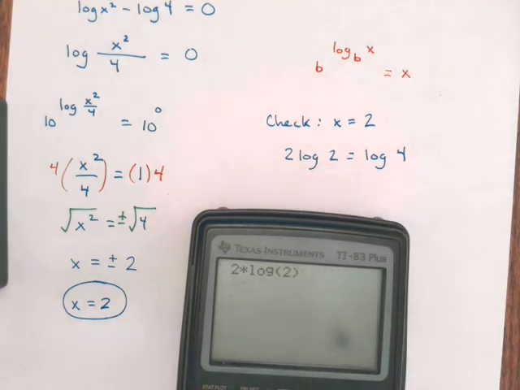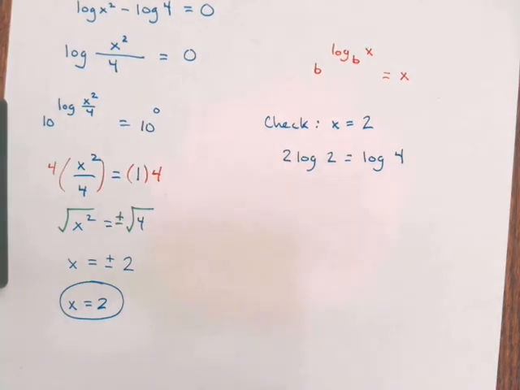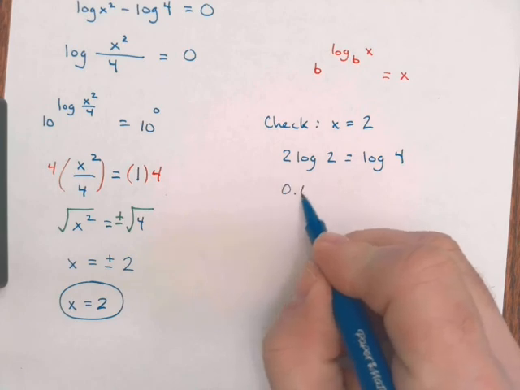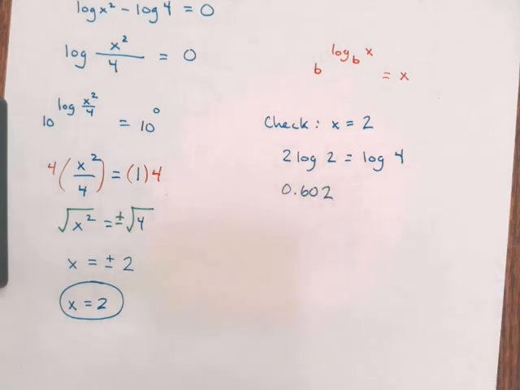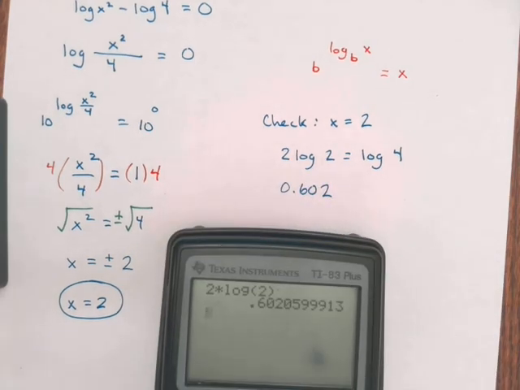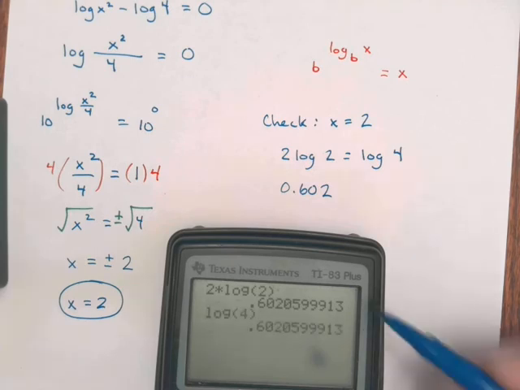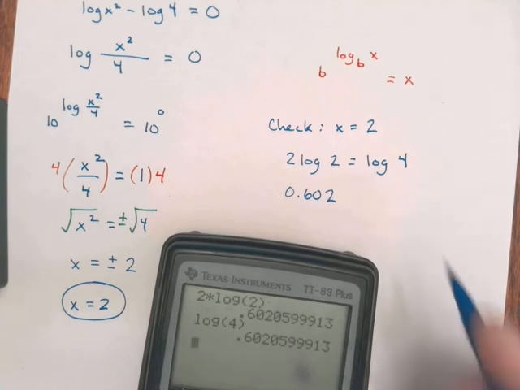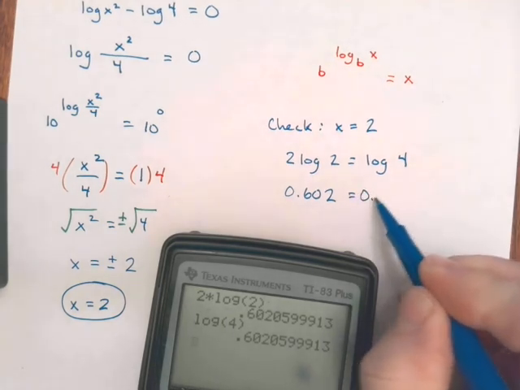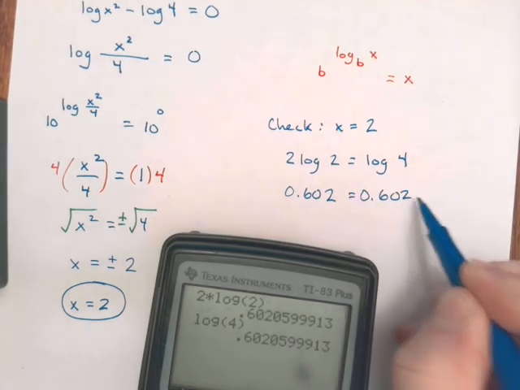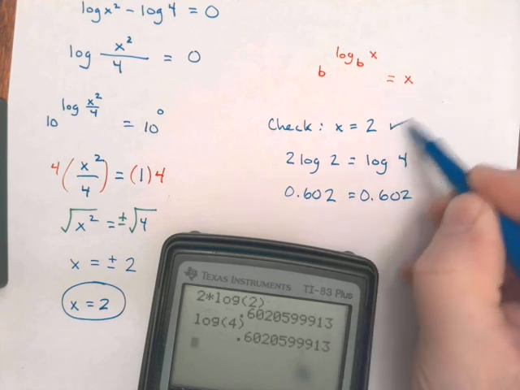So there's the left side there. If you look at that decimal, it's about 0.602. I did round that off to a couple of decimal places there. And I want to compare that to log of 4. And if you look, those values are exactly the same. So for sure, x is equal to 2.